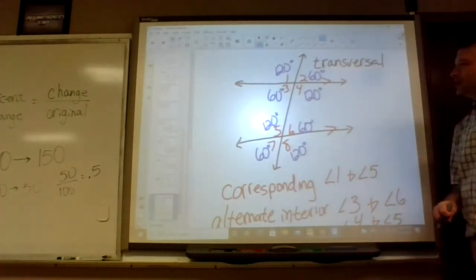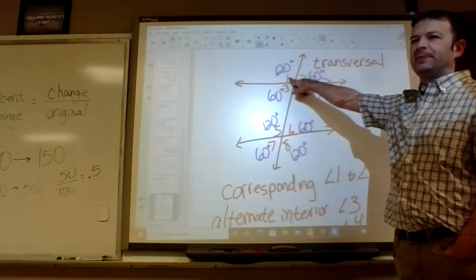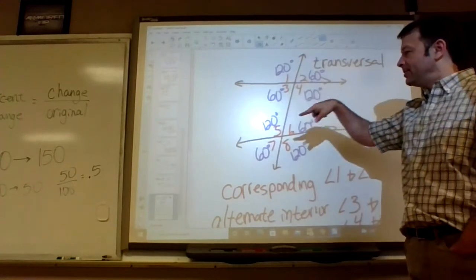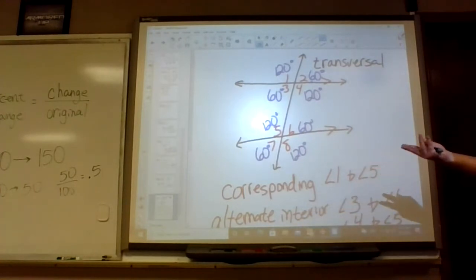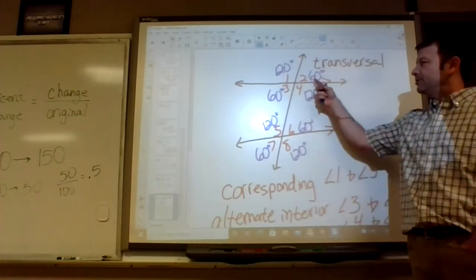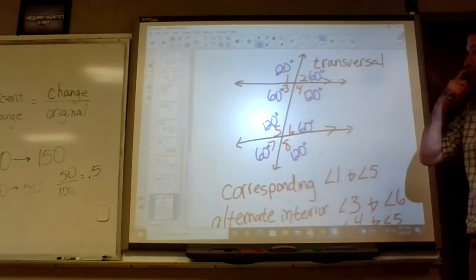So notice all of them are either the same as each other or they are supplementary, right? They're all either the same angle or they're supplementary to another angle. There's only two different angle measurements up here. That happens every time in these pictures because of the rules.